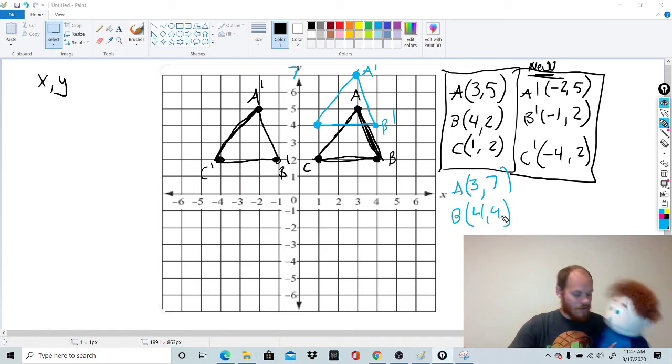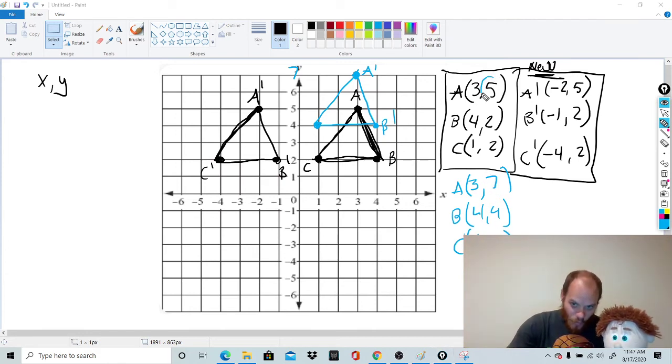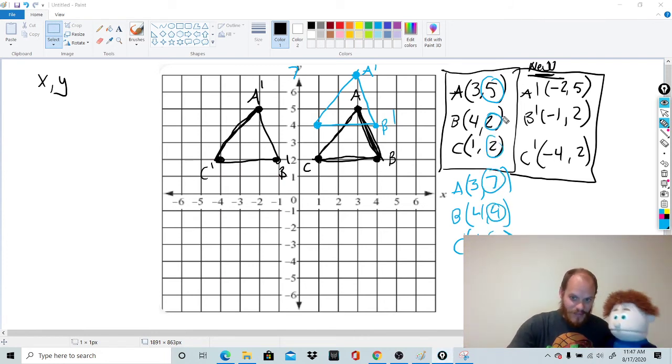See how that works, Tommy? Yeah, I see it. Okay, now C, the other one is going to be 1, 4. Okay? So what ended up happening, I want you to notice between the y points here and the new y points here. Okay, notice this one went up by, from 5 to 7, it went up 2. Exactly. Each one goes up 2 because we translated it by 2.